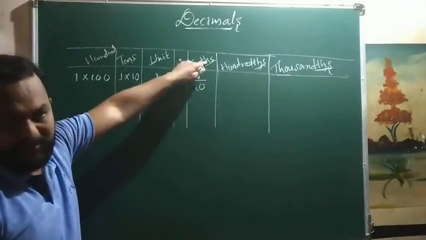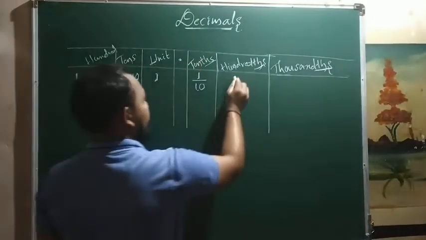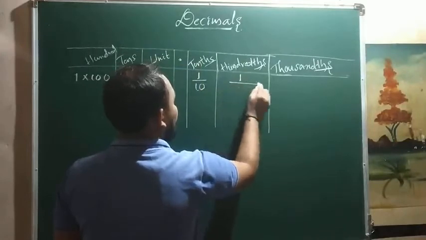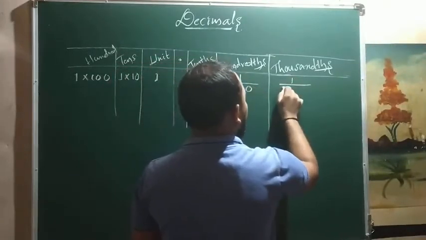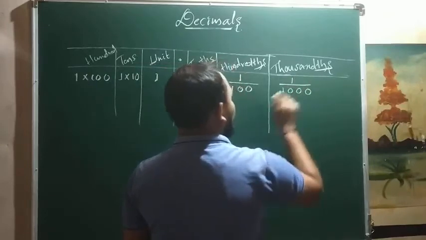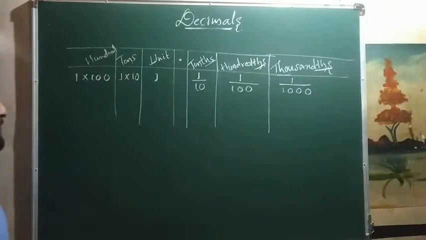Tenths means any number divided by 10, hundredths means any number divided by 100, and thousandths means any number divided by 1000.